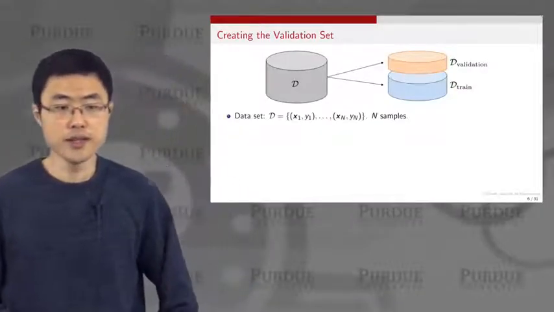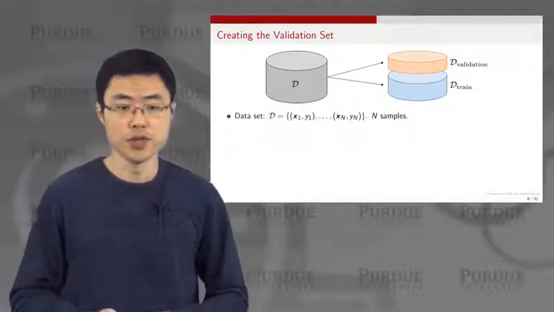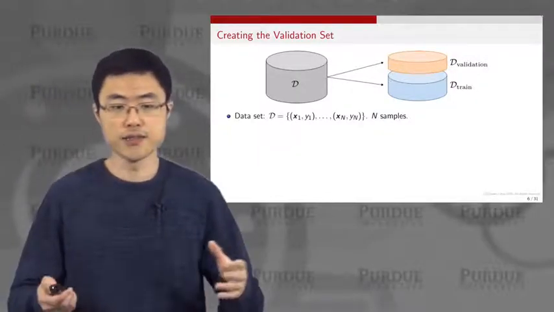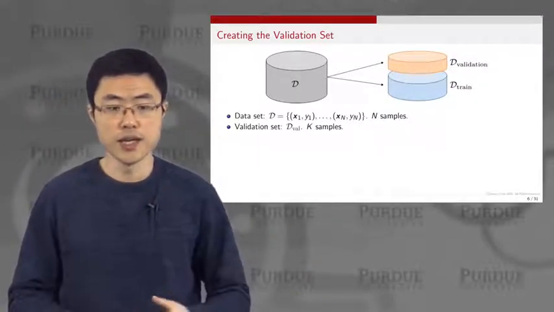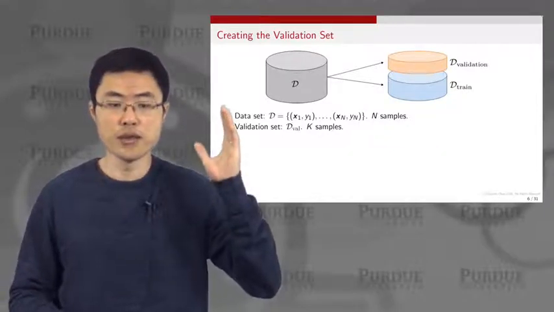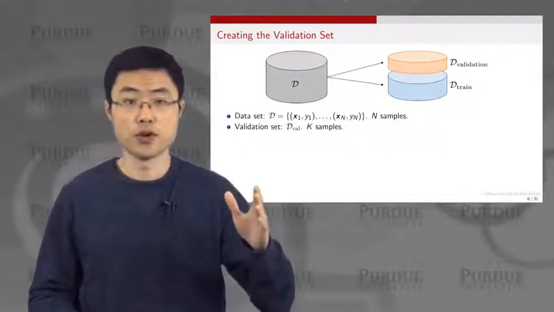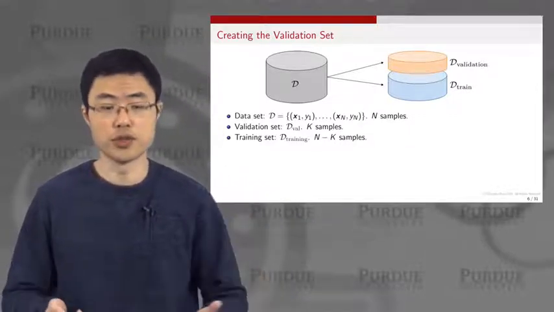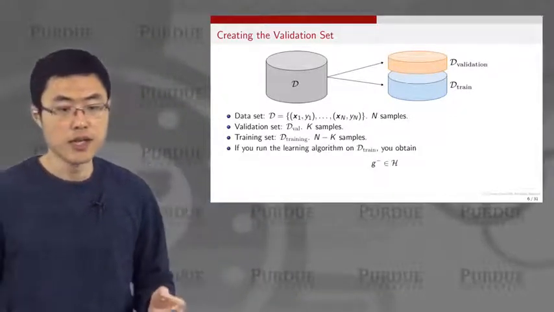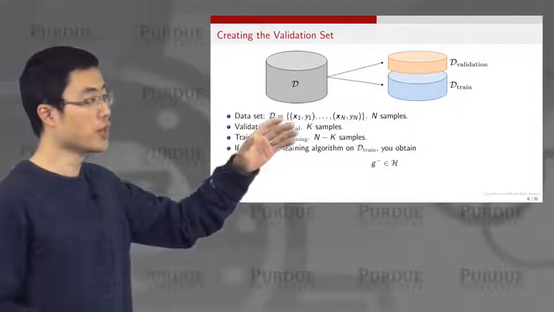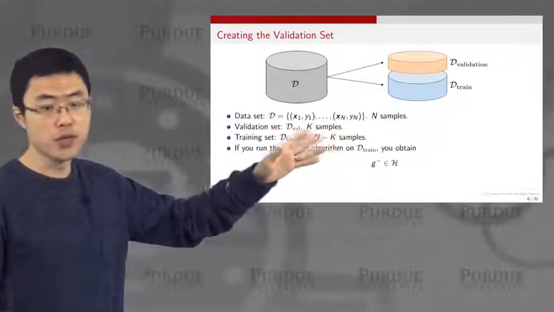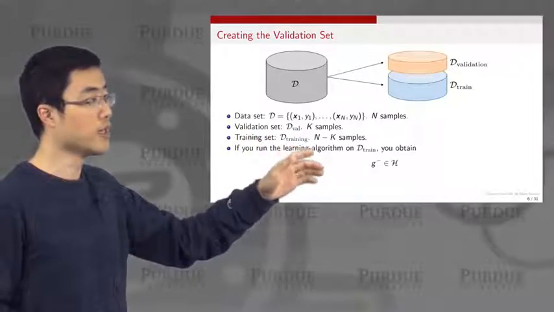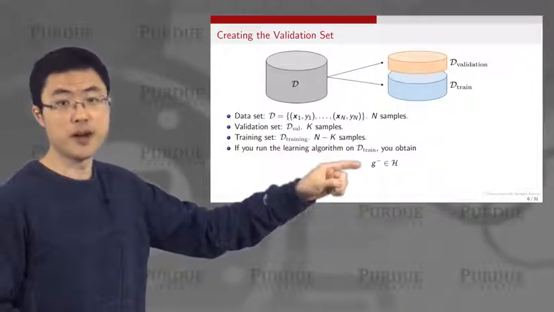So creating the validation set can be done as follows. You start with a data set which contains all the n samples, and then you say that I want to allocate k samples for validation, and then the remaining n minus k samples I will just use for training. And so when you use these n minus k samples for training, you will be able to get a hypothesis, which I call g minus.